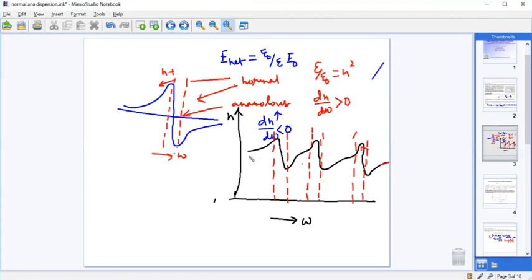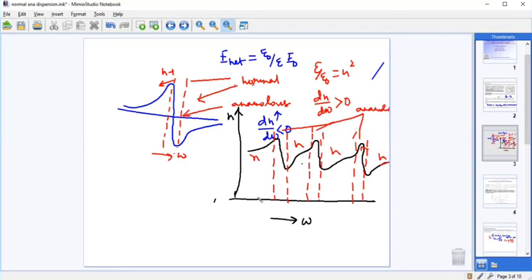So this behavior is normal, here normal, here normal, here normal, and these are the parts where anomalous dispersion occurs.